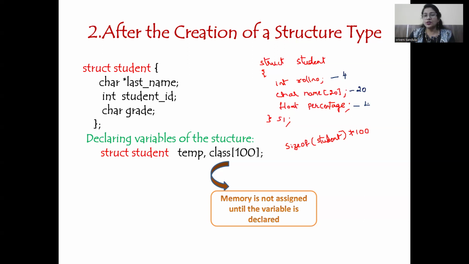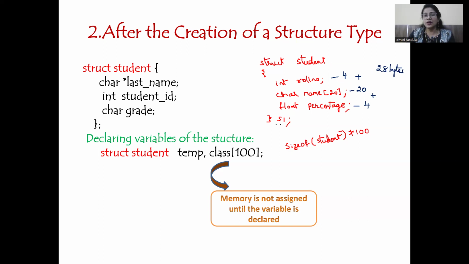Let us assume 4 bytes for floating point also. Now the size of this structure is the sum of all these variable sizes: 4 plus 20, 24, 24 plus 4, 28. So a total of 28 bytes is required for a structure variable student.